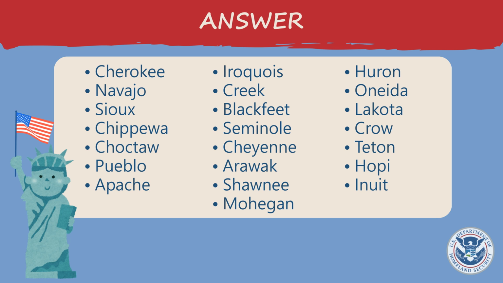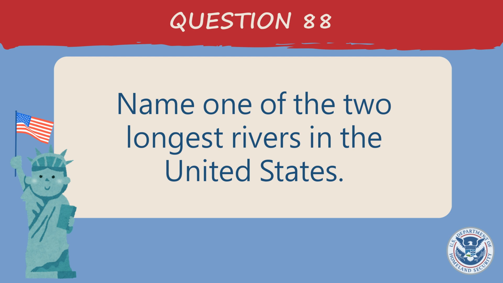Cherokee, Navajo, Sioux, Chippewa, Choctaw, Pueblo, Apache, Iroquois, Creek, Blackfeet, Seminole, Cheyenne, Arawak, Shawnee, Mohegan, Huron, Oneida, Lakota, Crow, Teton, Hopi, Inuit. Integrated civics. Name one of the two longest rivers in the United States.